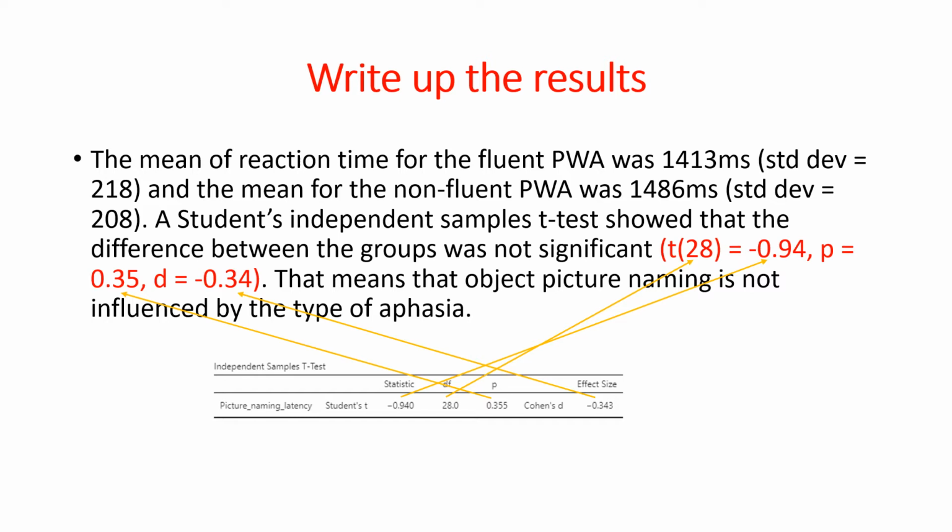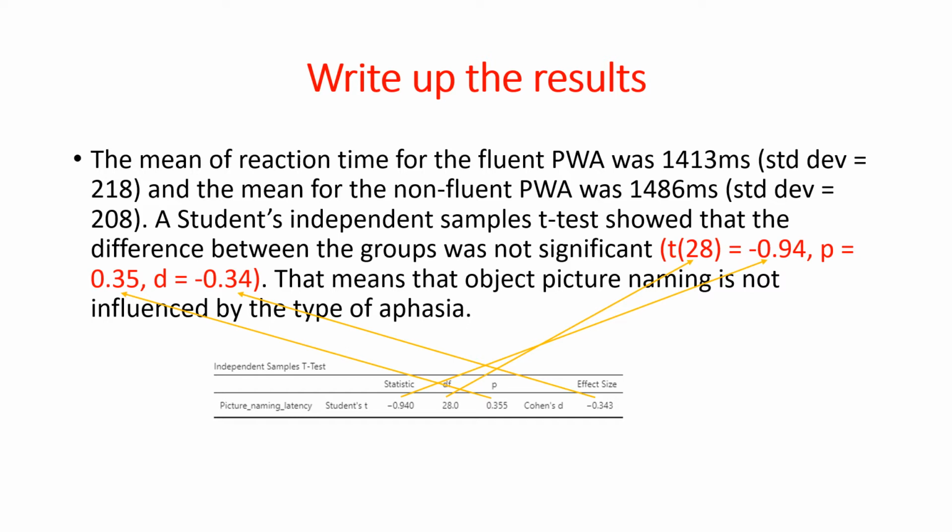We need to present the t-score itself, which is minus 0.94. Usually once the t-score is bigger than 2, we can see significant results. Here it is smaller than 2. That's why our p-value is not smaller than 0.05.